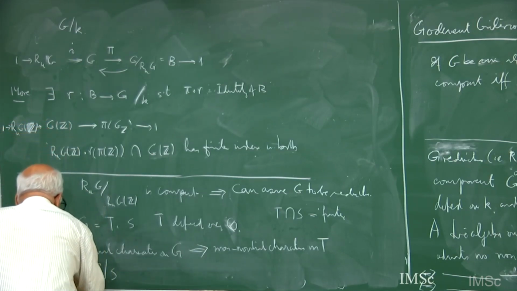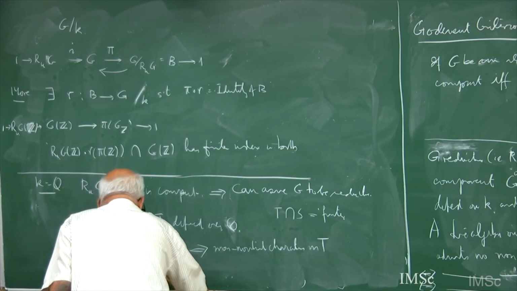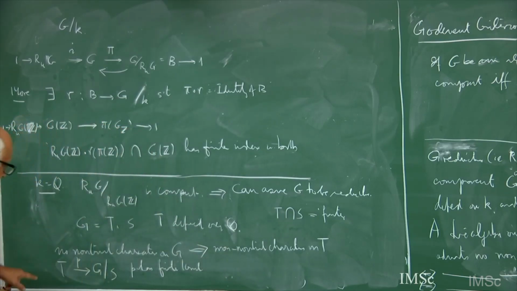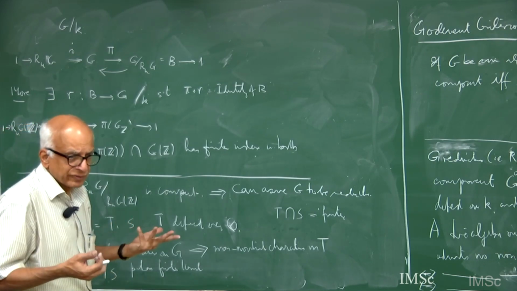So this mapping P has finite kernel. T maps onto G by S, and this is an isomorphism modulo the kernel. But if I take diagonal matrices, what are the finite subgroups of diagonal matrices? Any finite subgroup, some power is going to vanish.